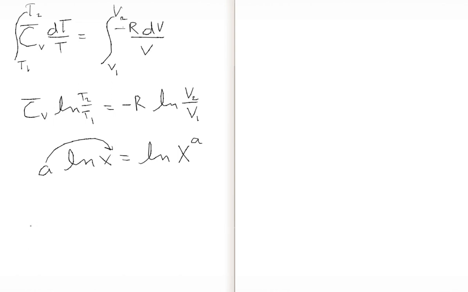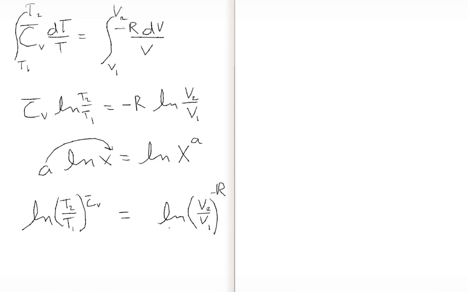So if we use that property, the log of (T2 over T1) to the C_V is going to be equal to the log of the volume ratio to the negative R.